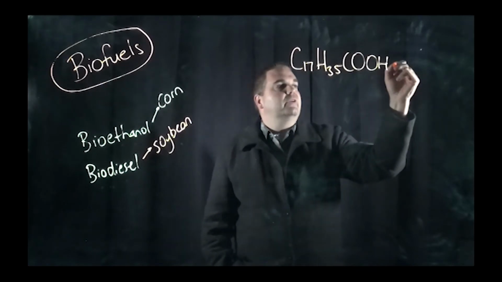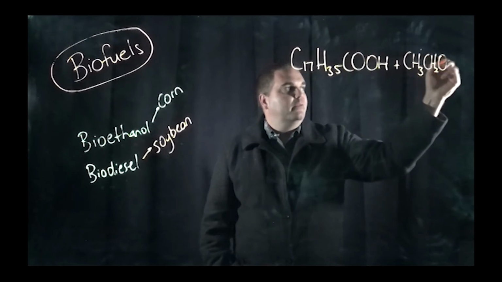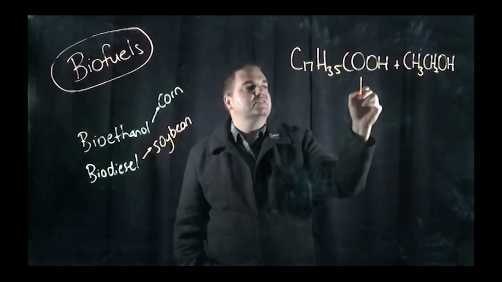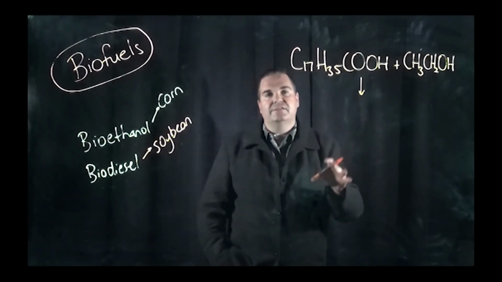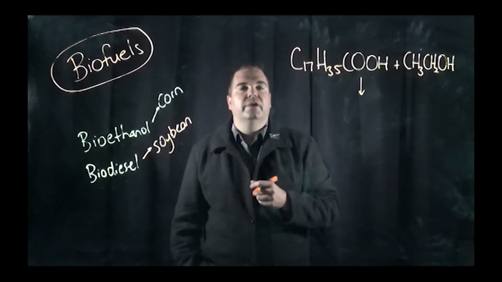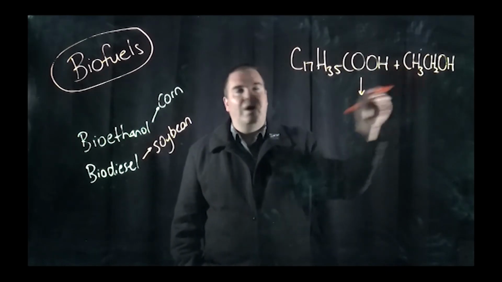So what we're going to do is react that with ethanol, which is what we were just looking at before. Okay, and when you add your ethanol to your fatty acid, you get a long chain ester. It's a little bit like the triglyceride reaction, which you may look at in the organic section, but instead of using propan-1,2,3-triol, we're just using one alcohol here.